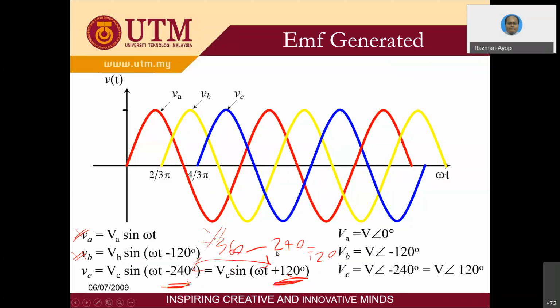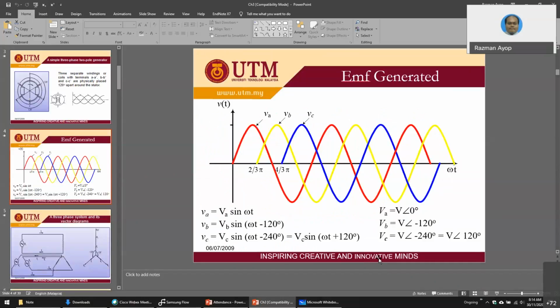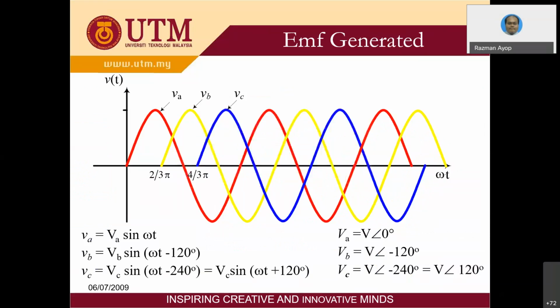So after that, you know how to write the time domain. Of course, when it comes to AC circuits, you need to know the phasor domain. So basically, to convert this into phasor domain, you can see here VA, this one is the maximum value, this one is max value, this one is max value, and you can see that here is V. It's different.